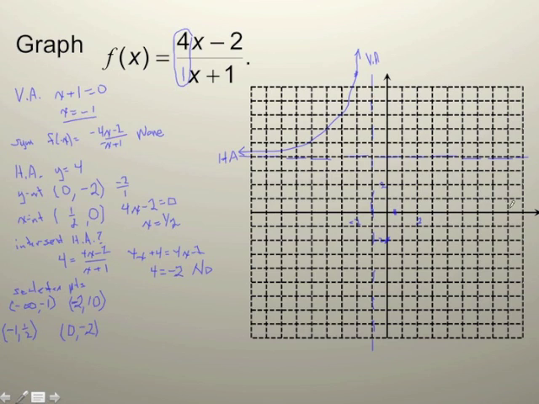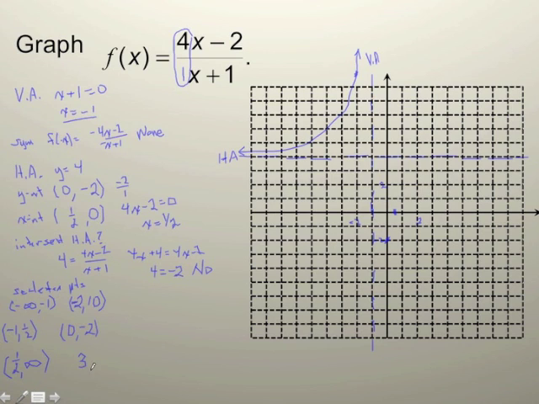Now we need a point between 1/2 and infinity. So we're looking for a point somewhere from 1/2 to infinity. And let's say we choose to use 3.